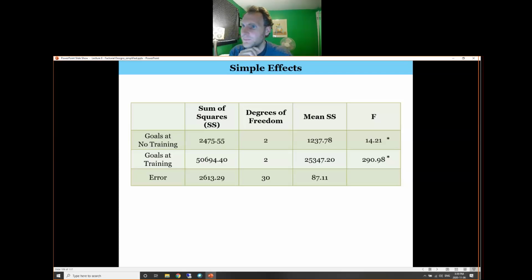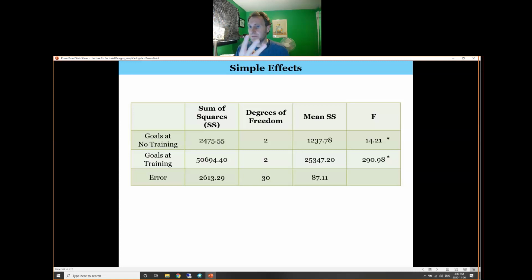But think back to the one-way ANOVA. When I had 3 groups and I had this significant F effect, I didn't know which group was higher than the other. And that's the boat I'm in now. So when I was doing the other simple effects, when I was just comparing training versus no training, and I saw that I had a significant effect, I could just go look at the means and see which one was bigger. And I knew that that one was higher than the other one because there were only 2 to compare.